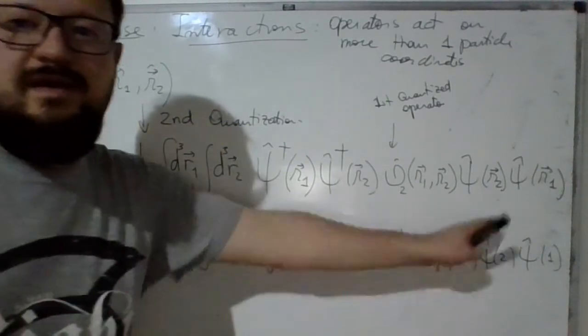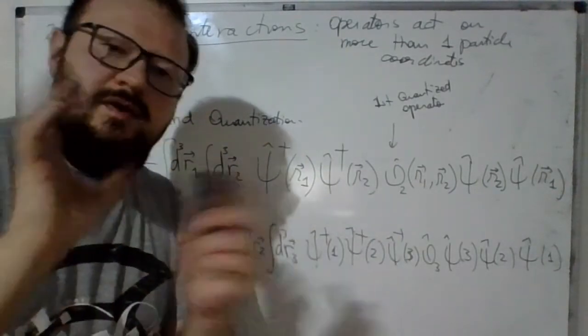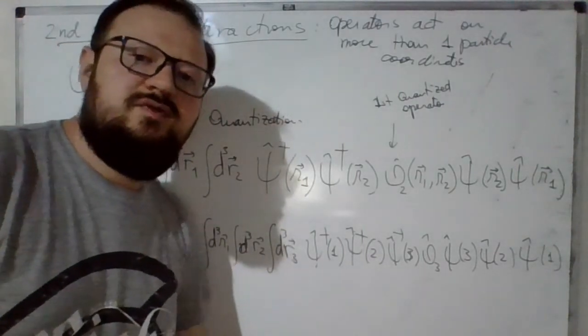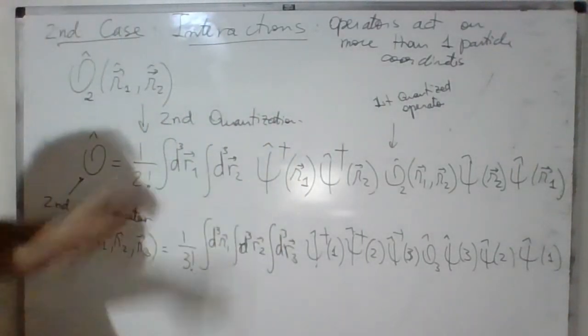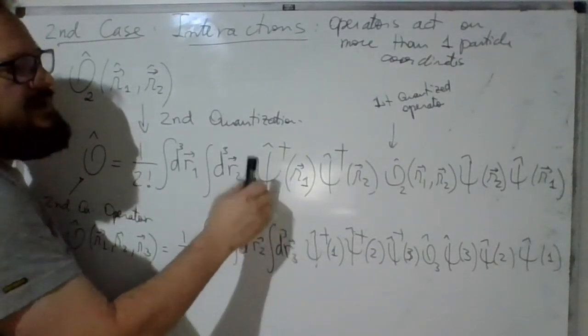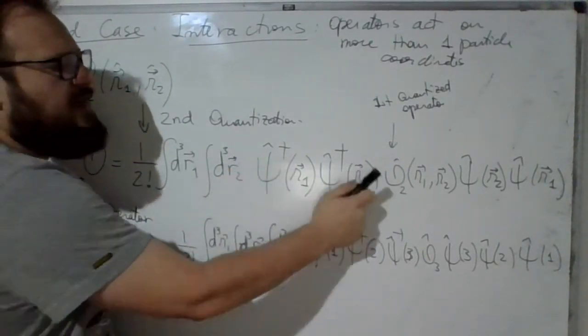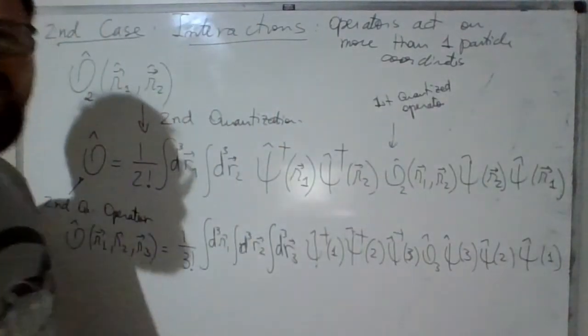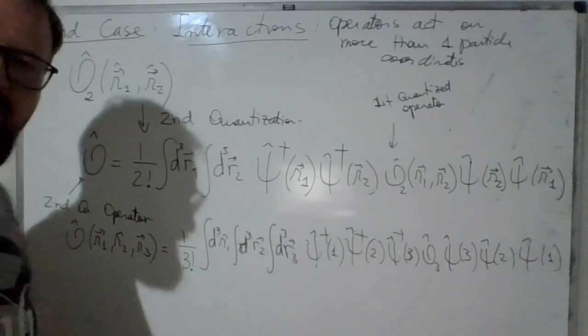So this will be a set of products of annihilation and creation operators. But notice that this rule always produces creation operators to the left, annihilation operators to the right. This is a recipe for doing that.